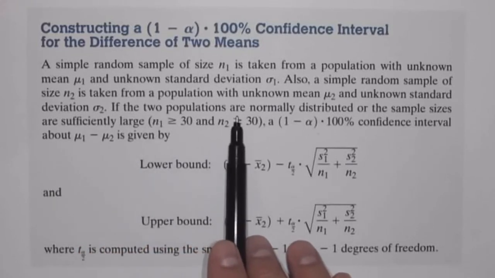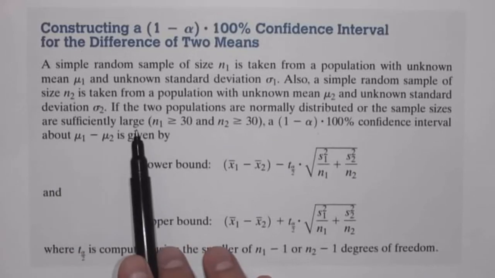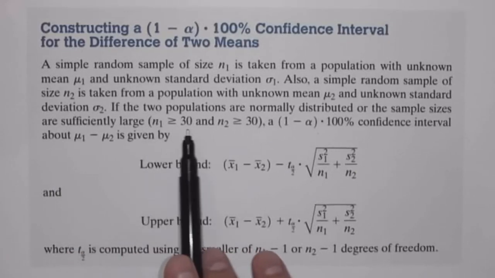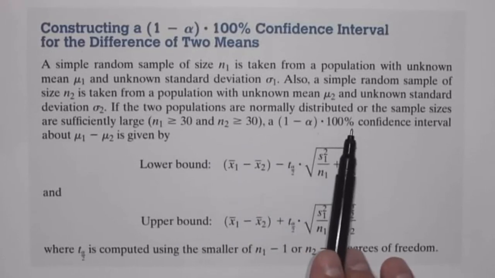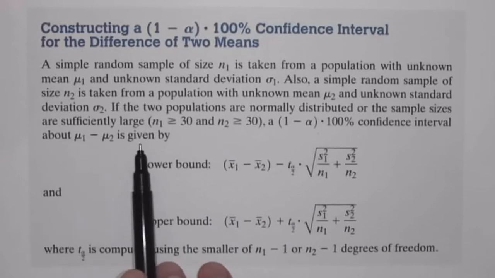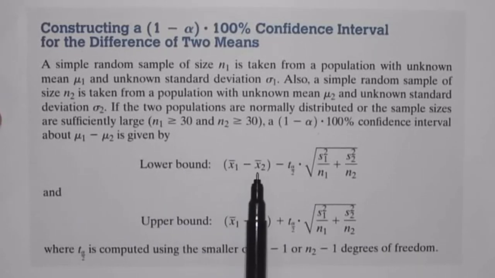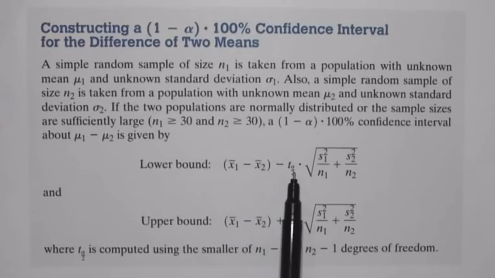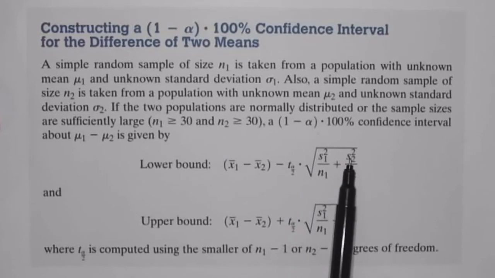If the two populations are normally distributed, or the sample sizes are sufficiently large, meaning both sample sizes are greater than or equal to 30, a 1 minus alpha times 100% confidence interval about mu sub 1 minus mu sub 2 is given by: the lower bound will be x bar sub 1 minus x bar sub 2 minus t sub alpha over 2 times the square root of s sub 1 squared over n sub 1 plus s sub 2 squared over n sub 2.